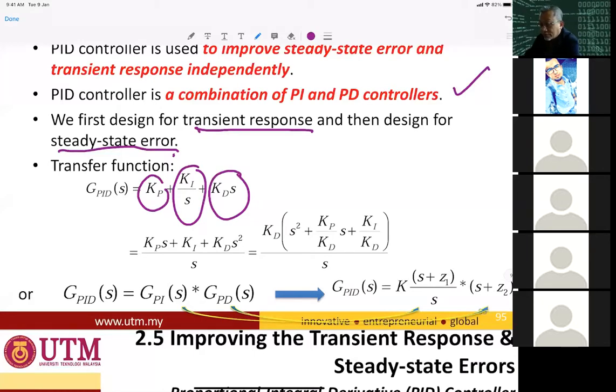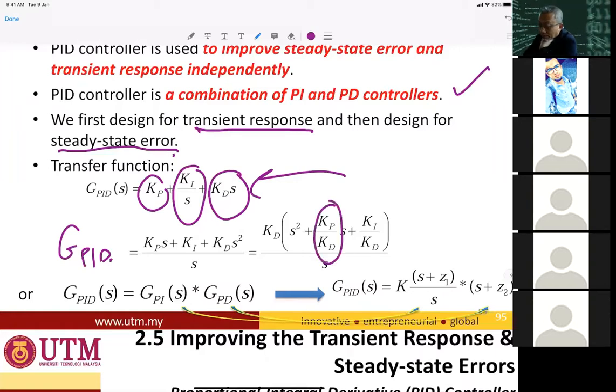So when you simplify this equation, it becomes Kd in front, the derivative, S squared plus Kp divided by Kd, the ratio between the gain and derivative, and then the last one is Ki over Kd, the ratio between the integral and derivative.